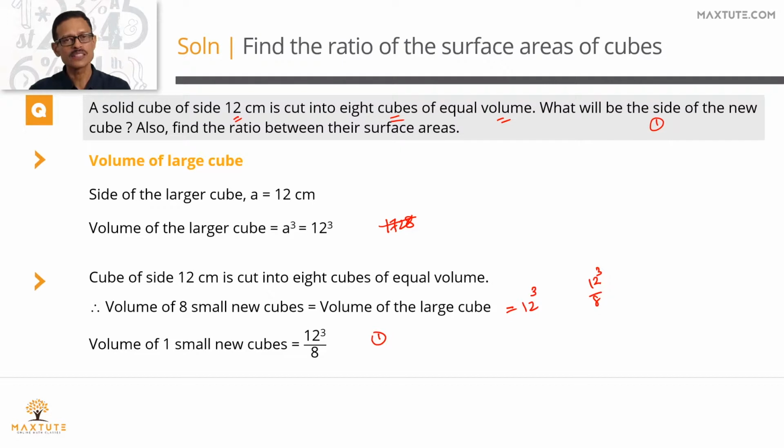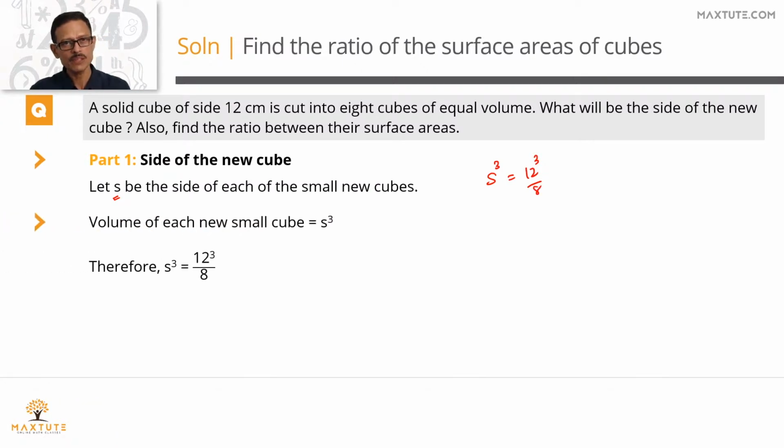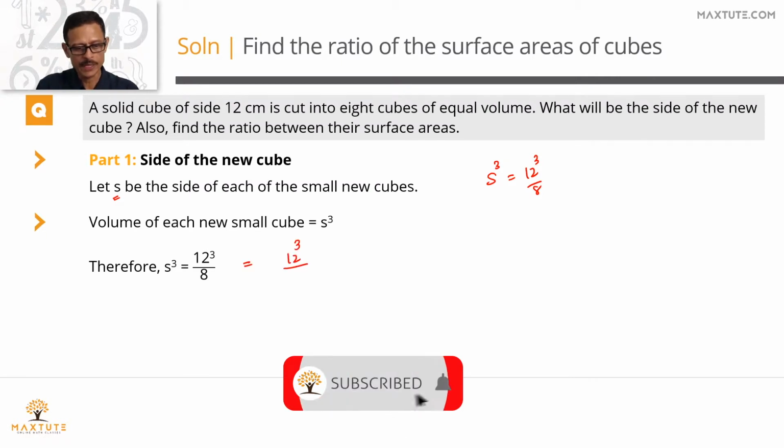We need to compute the side of the new cube. Let's assign a second variable. Let the side of the small cube be equal to S units. So the volume of the smaller cube is S cube, which we computed to be 12 cube by 8. I'm planning to rewrite it this way: 12 cube divided by 8 cube is what? 8 cube is actually a 2 cube.